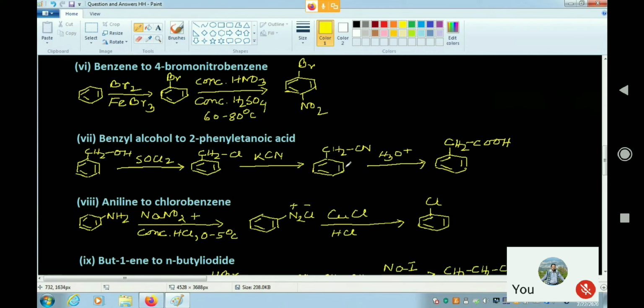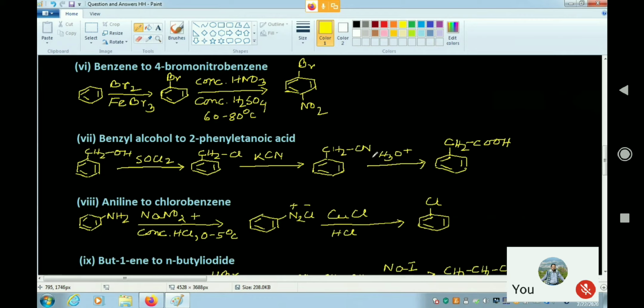Next, benzyl alcohol to 2-phenyl ethanoic acid. Here we need to increase the number of carbon atoms. For that, we can use KCN to bring new carbon atoms, and beforehand we have to substitute the OH group from the alcohol with halogen, so that this halogen can be substituted with CN when treated with KCN.